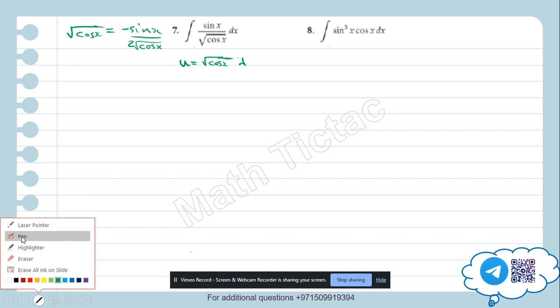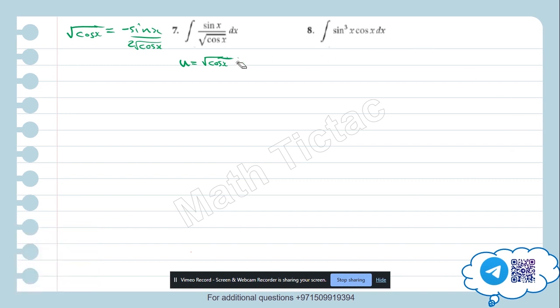So find the derivative. du is equal to the derivative of what is inside, we said minus sine x divided by 2 multiplied by square root of cosine x, dx. Now, solving for dx, it will be 2 square root of cosine x divided by minus sine x du is equal to dx.